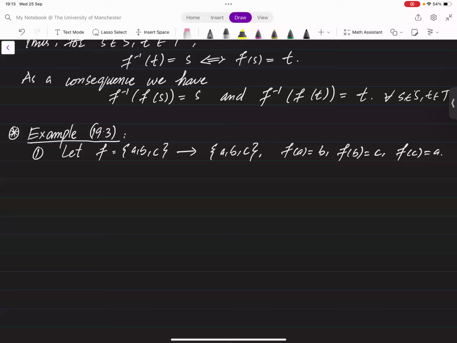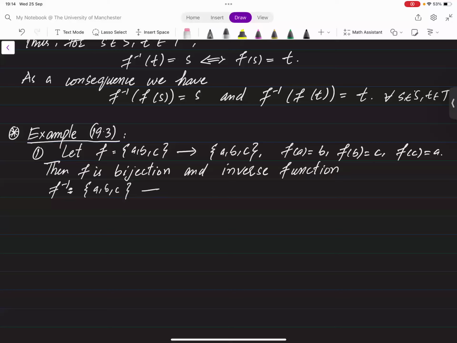Then f is a bijection, and the inverse function f inverse, which will again be from this set to this set, sends everything back to where it came from.